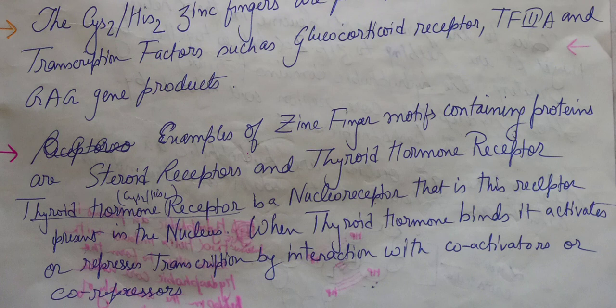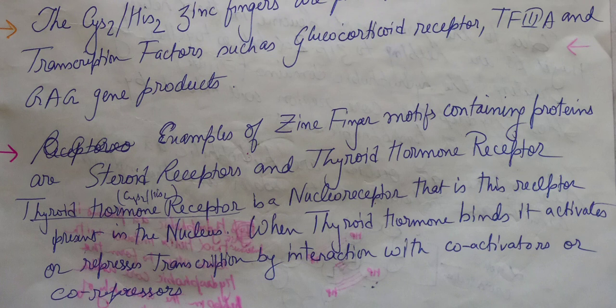When thyroid hormone binds, it activates or represses transcription. Where will the thyroid hormone bind? It will bind to the thyroid hormone receptor, which has this type of motif. It activates or represses transcription by interacting with co-activators or co-repressors.